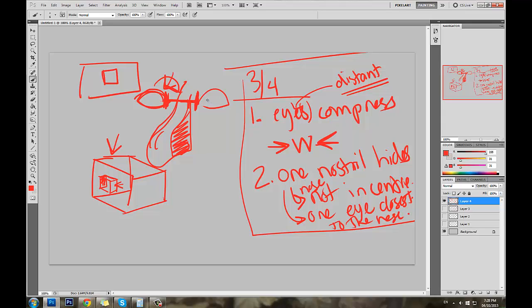This is all clues. These are all artifacts of rotation. These little specific rules that I'm throwing at you that I guess you haven't heard in other videos are because of rotation. It might sound new to you, but trust me, it works. It makes your 3/4 views feel more believable.